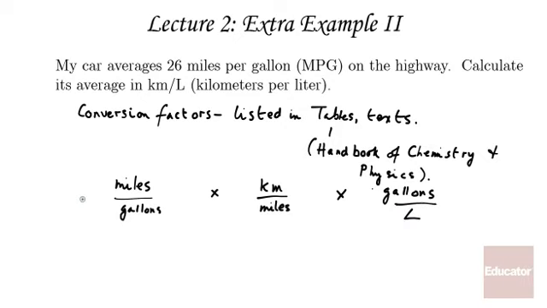Well, we know the number here, it's 26. Kilometers per mile is 1.609. A kilometer is about 1.6 miles. A mile is about 5/8 of a kilometer. And gallons per liter, 1 gallon to every 3.79 liters. A gallon is not quite 4 liters.